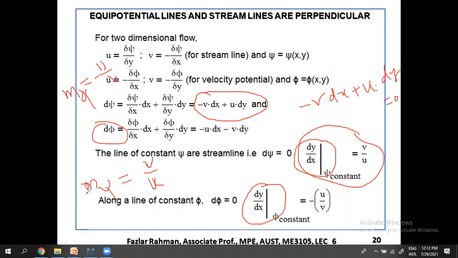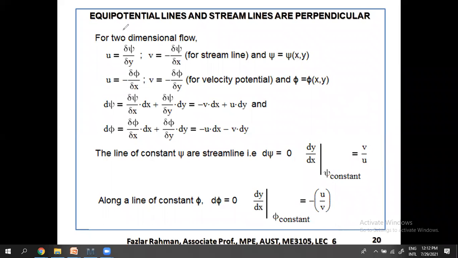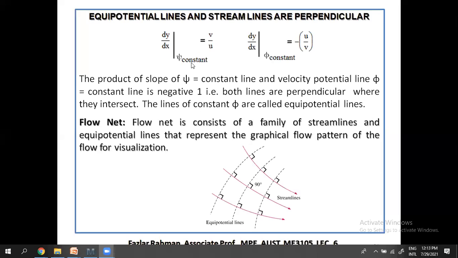Now multiply these two, m phi into m psi, and you are getting minus 1, right? If you multiply this one and this value. So if the product of the slopes of two lines is minus 1, what does it mean? That means they intersect each other at a 90-degree angle.